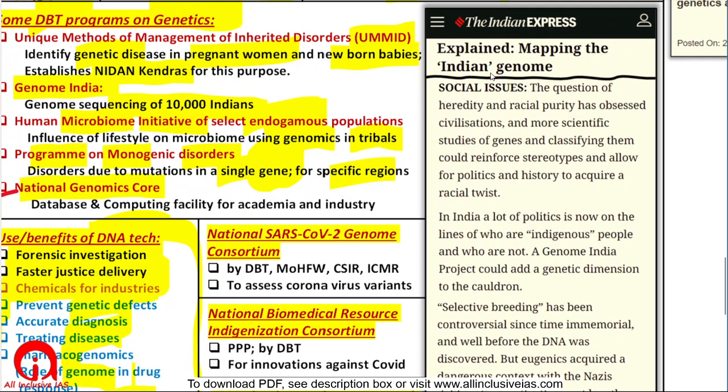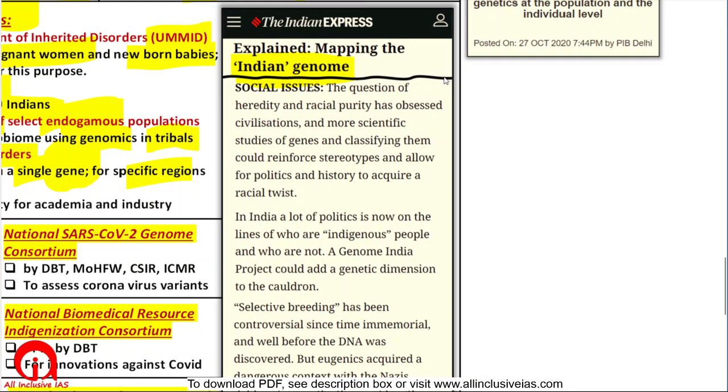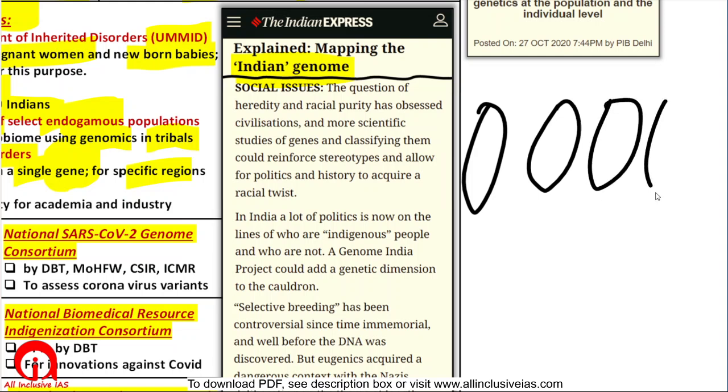In the Indian Express there was an article about the Genome India project, which maps the Indian genome. The point is, what do you mean by Indian genome? By genome sequencing, can you tell that a person is Indian? No. India has people from five or six races, and each race has many individuals.